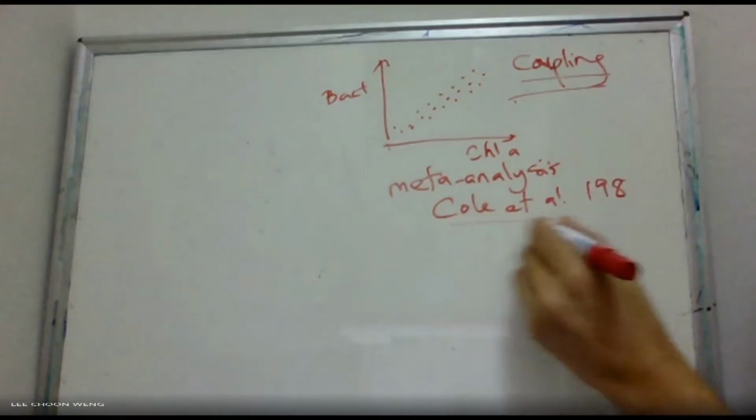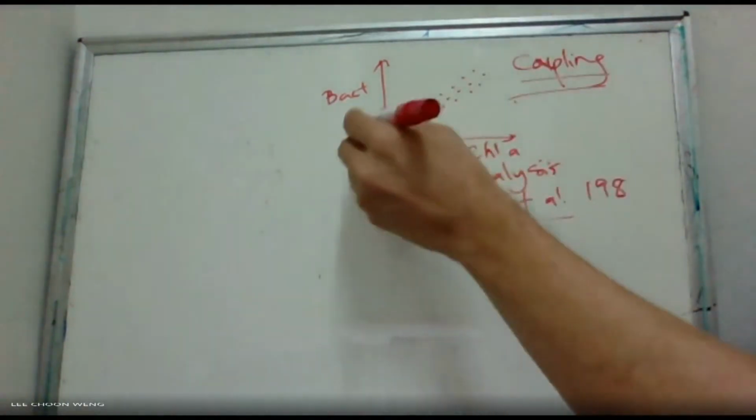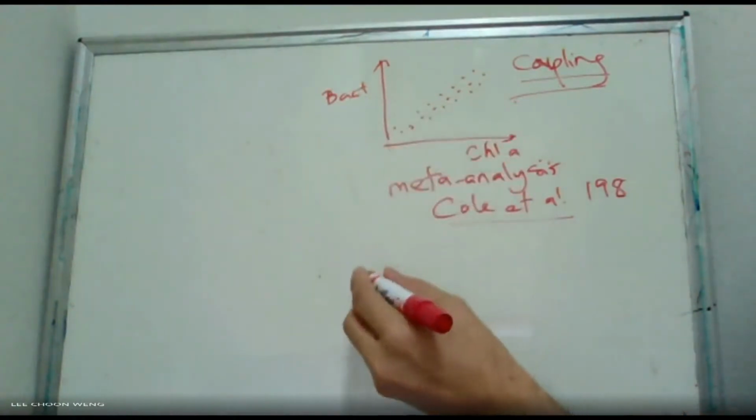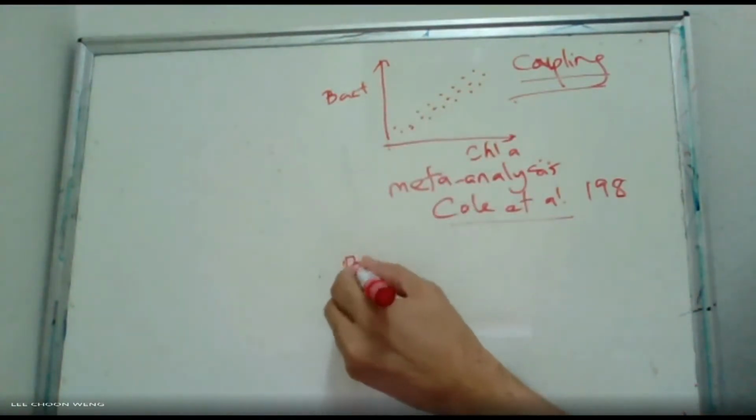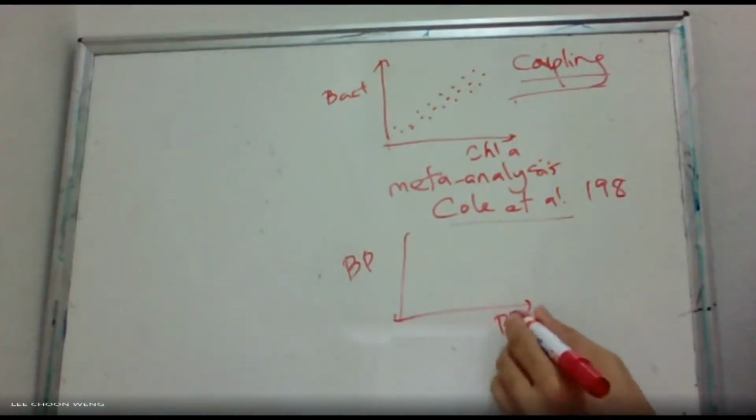So Cole et al. used publications from lakes, coastal waters, oceans, and all that. And he found a very nice relationship between bacteria and chlorophyll A. Also between bacterial production versus primary production.